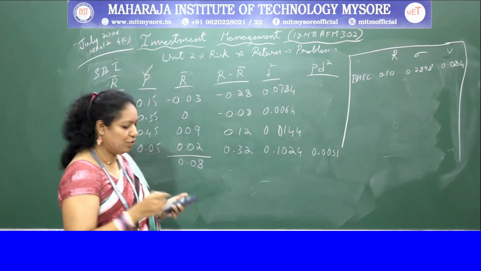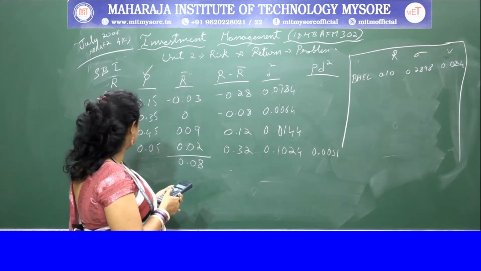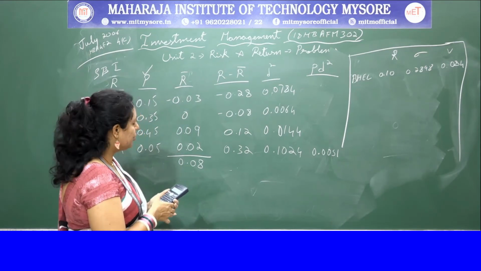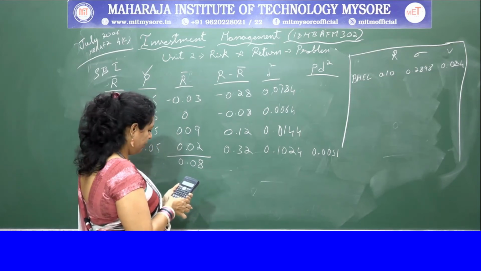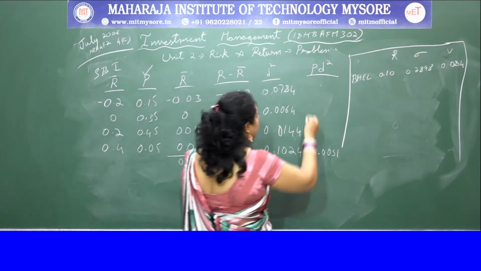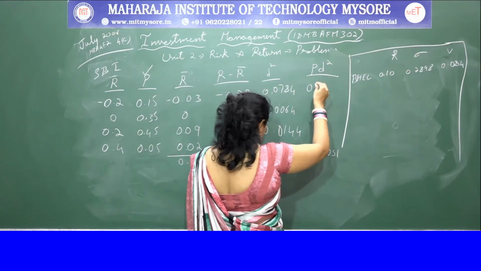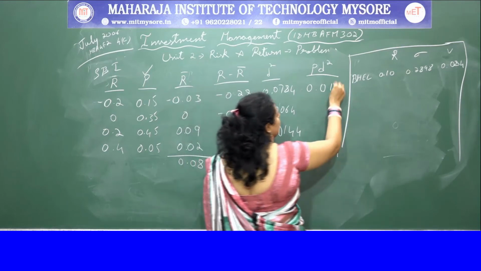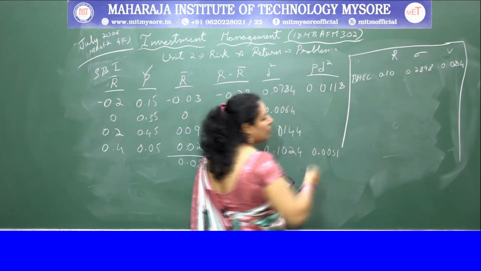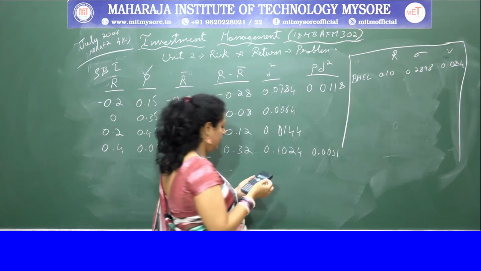Okay, 0.0051. Then 0.0784 into 0.15, you get 0.0118. You can keep it as 0.01176, or you can keep it as 0.0118.